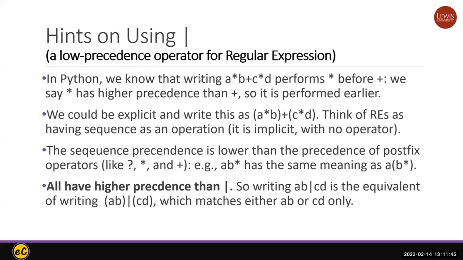So in Python, we know that in A star, B plus, C star, star is performed before plus. We say star actually has higher precedence over plus, okay? We could be implicit and write this down, okay? And the precedence of sequence is lower than the precedence of postfix operators, okay? So basically AB star and A(B) star, it is the same, okay?